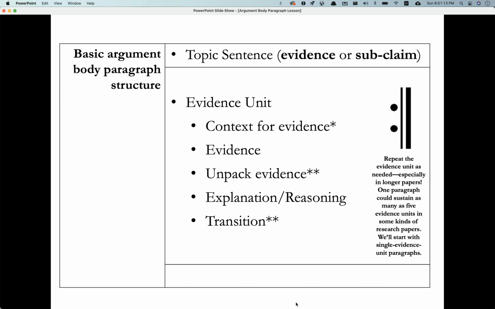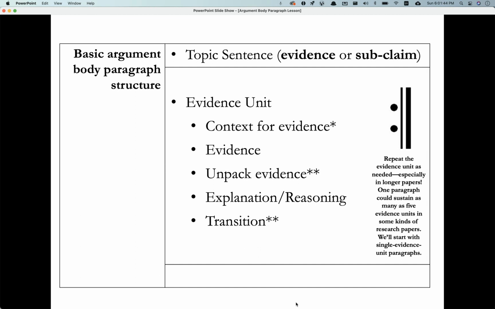So in the shortest, 40-minute timed argument essay, I would imagine you're going for a basic, slimmed-down introduction, 2 paragraphs, or maybe 3. 2 is probably fine. 2 paragraphs, each of which ties to one subclaim or piece of evidence in the thesis, and then a quick, slimmed-down conclusion. And there would be 1 evidence unit in each of those paragraphs, and that's it.